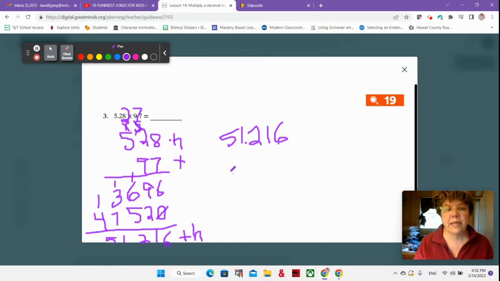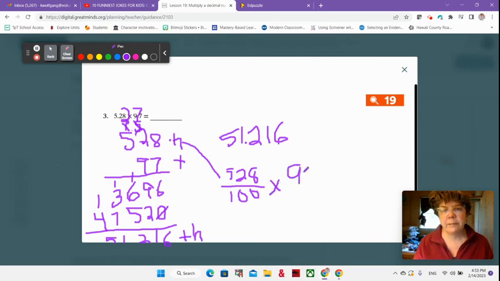Now let's check it by fractions to make sure. 528 hundredths, just like I have right here. It's the same thing, not doing anything different, just rewriting it as a fraction. Times 97 tenths.